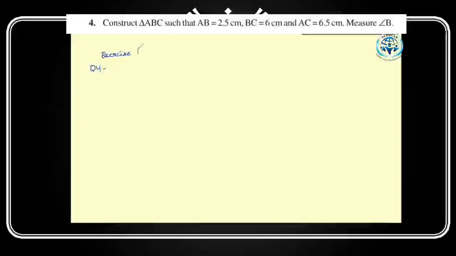Now fourth. Construct triangle ABC such that AB, BC and AC are 2.5, 6 cm and 6.5 cm respectively. In the end, we have to measure the angle B. So first of all, we will write what is given in the question. Making triangles is very easy using compass and ruler, right?